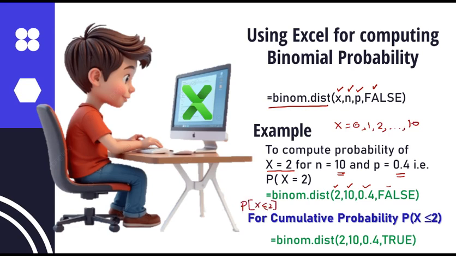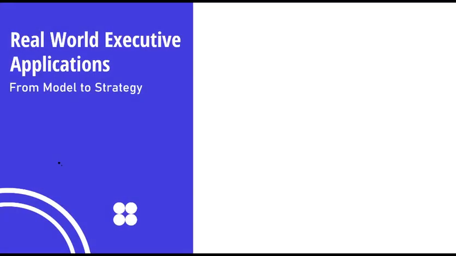It is the sum of the probability of x equal to 0, plus the probability of x equal to 1, plus the probability of x equal to 2. So when you put all these values together, you get the cumulative probability. This is how we compute the cumulative probabilities.